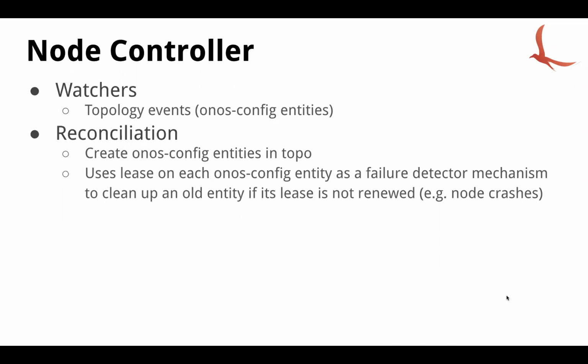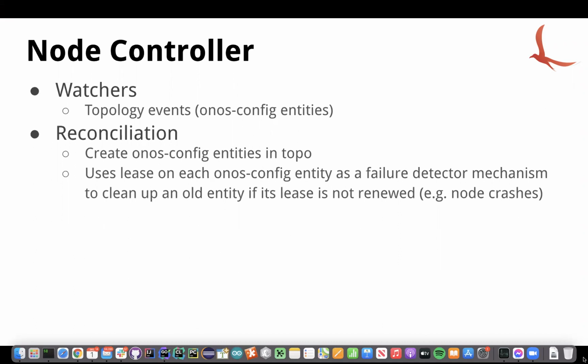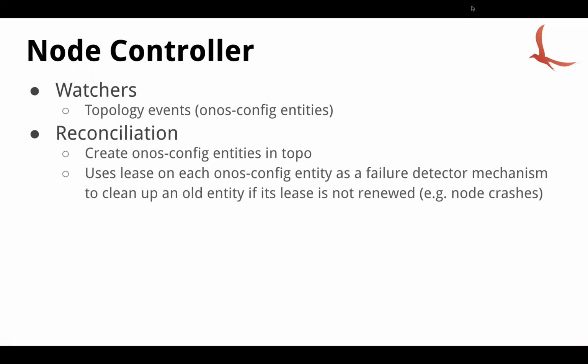I suppose something out of band of gNMI is having some kind of change ID on the device side, to say this was the last configuration change I got, and if that's not the same as what ONOS config thinks it is, you trigger a full resynchronization or something like that.